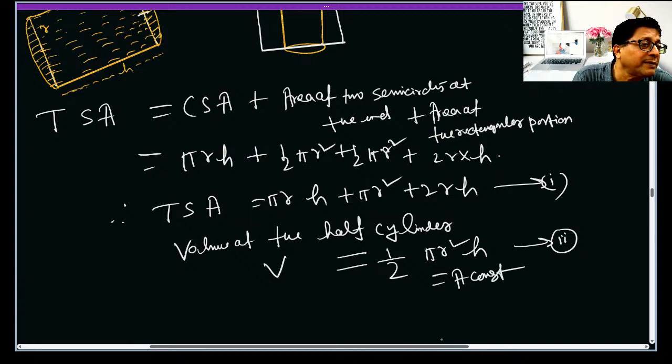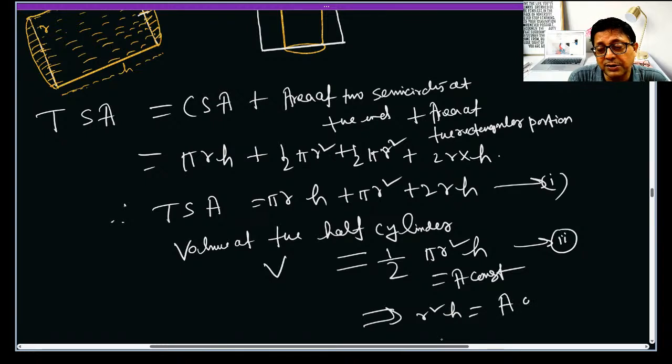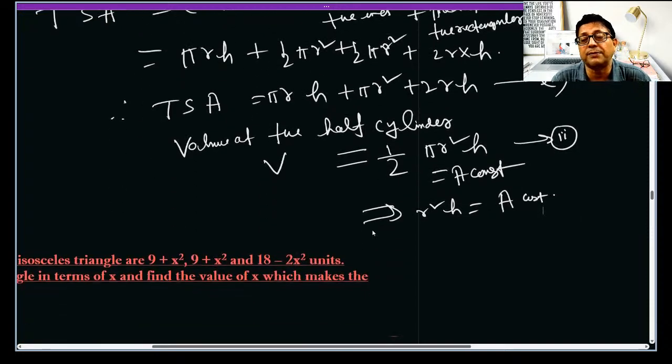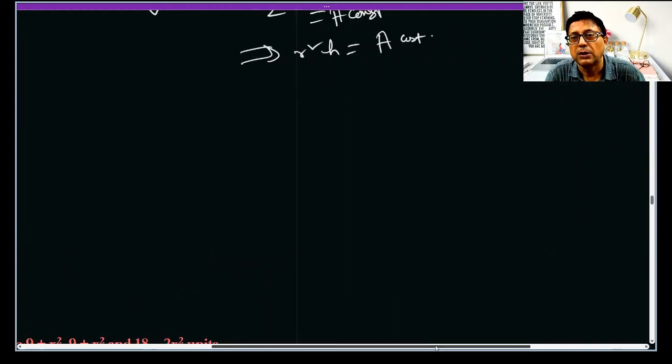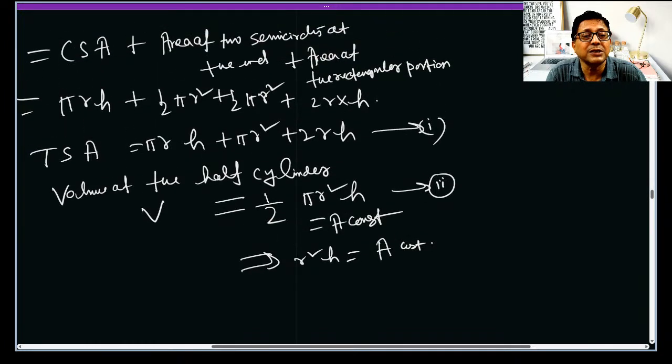So pi by 2 is constant, this side also constant, so r square h is also a constant. This manipulation you can do always. It will reduce your number of steps also. So r square h constant.